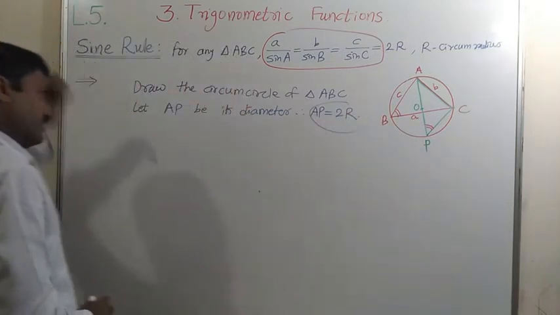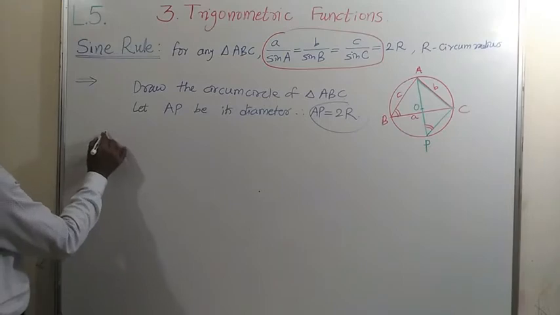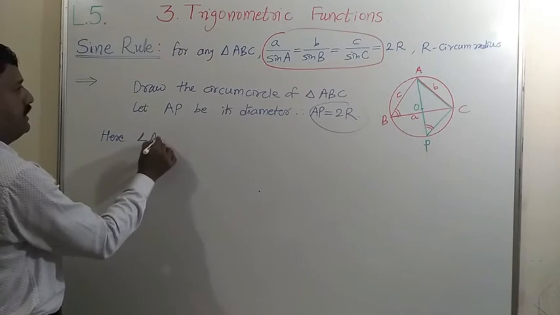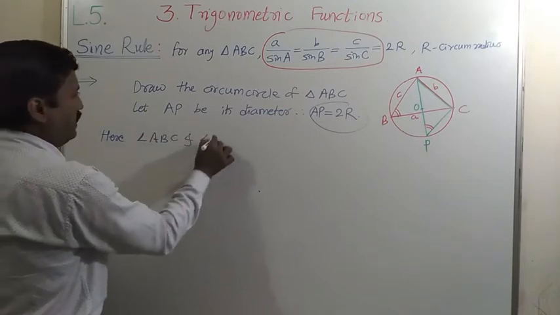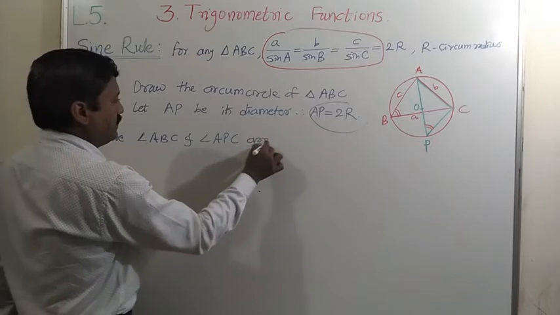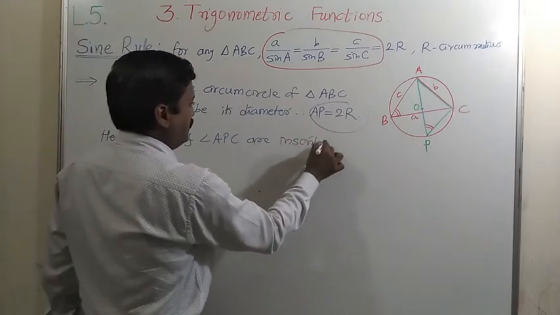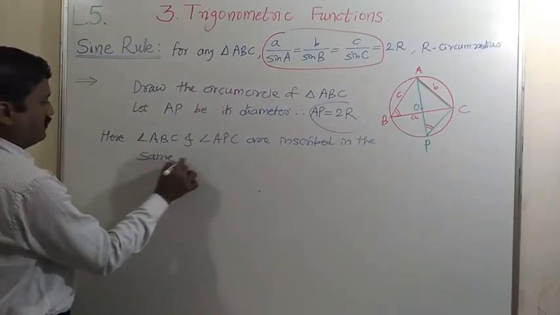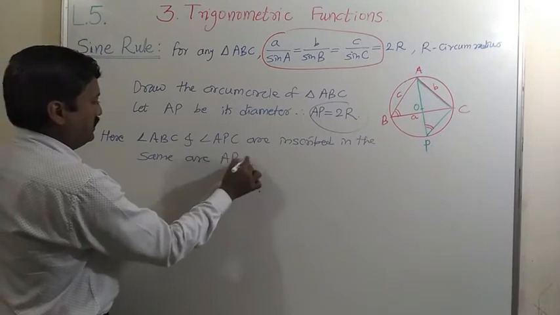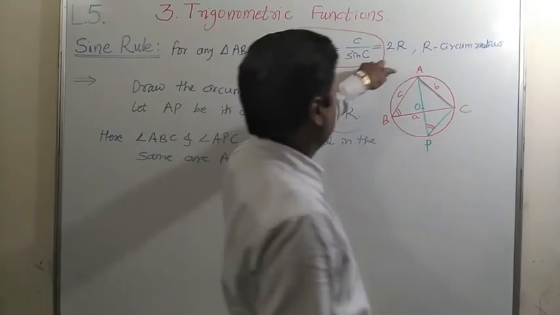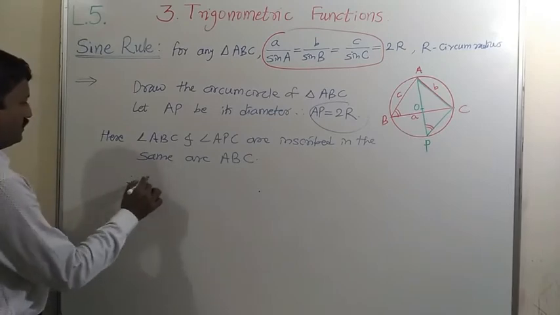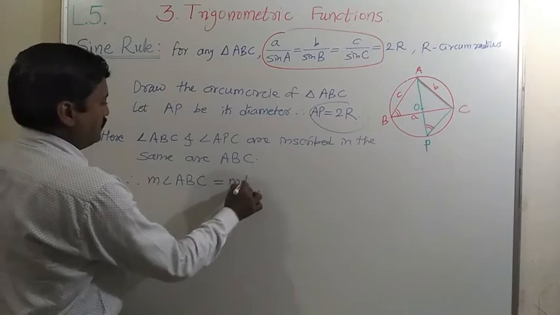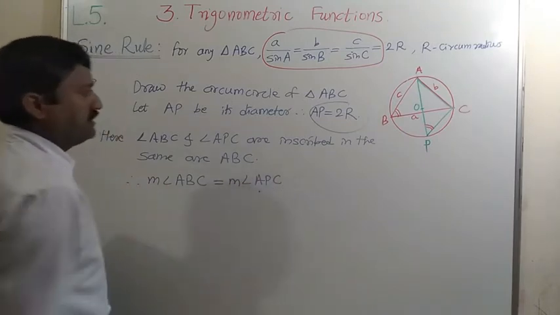That is an important result. Now angles here, angle ABC and angle APC are inscribed in the same arc AC. So the measure of angle ABC is equal to the measure of angle APC.